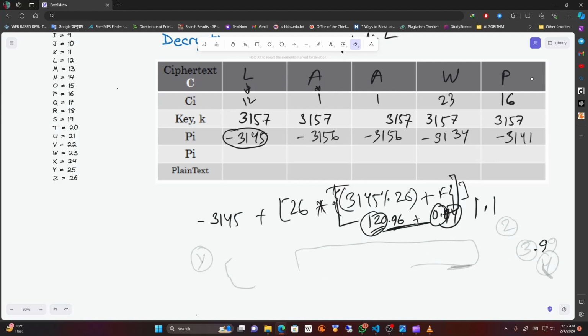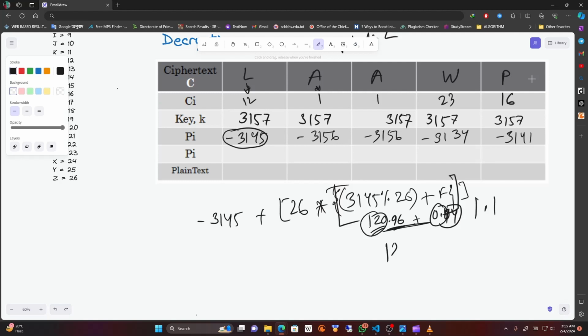According to the equation, this whole thing will be 121 now. So we will multiply this 121 with 26, and then we will get 3146 as a result.